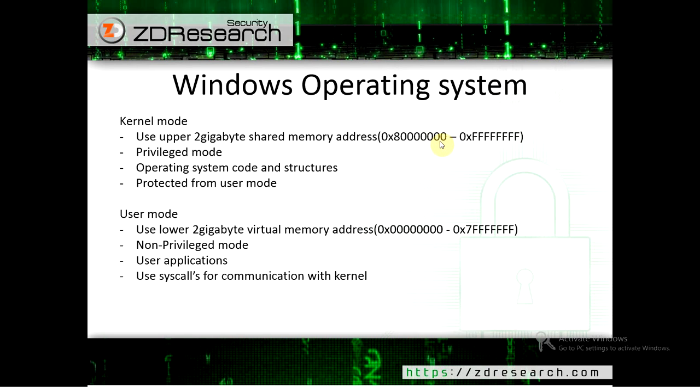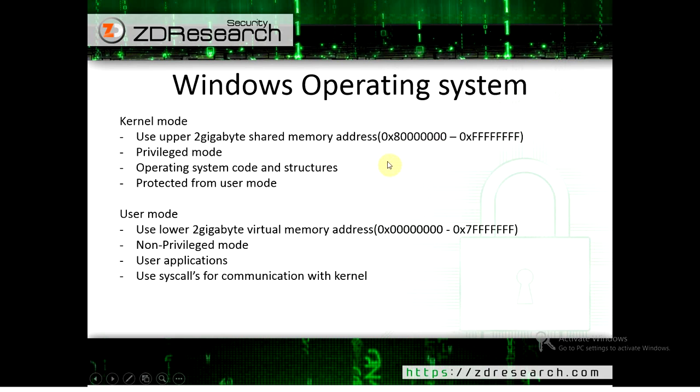You have the complete power of hardware. You can have direct I/O with ports and everything. Kernel mode is dedicated to operating system code and structures, and also, of course, the drivers that need to operate directly on hardware. And this critical section, the whole kernel mode, is protected from user mode.